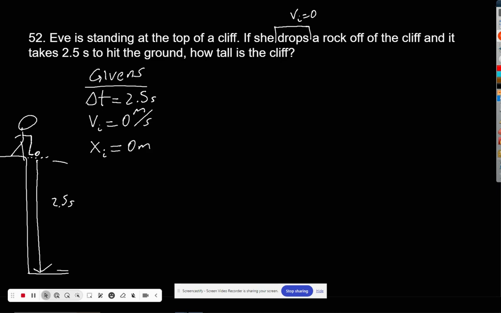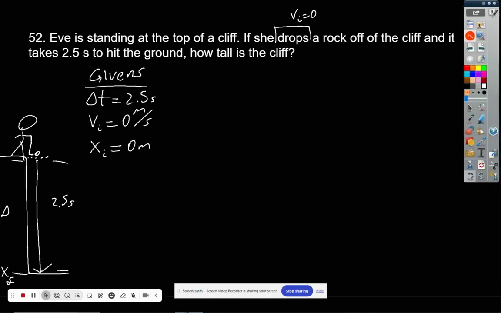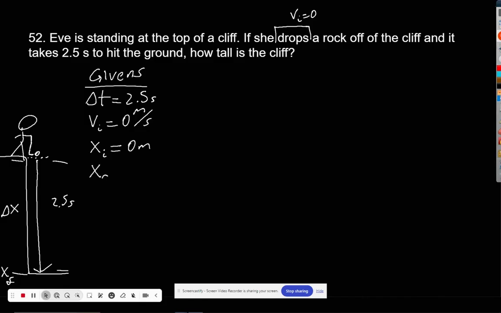And then our answer will just be its final position, which would give us our displacement. So I'm actually going to write XF unknown. That's kind of what I'm looking for here. There's something else we know.